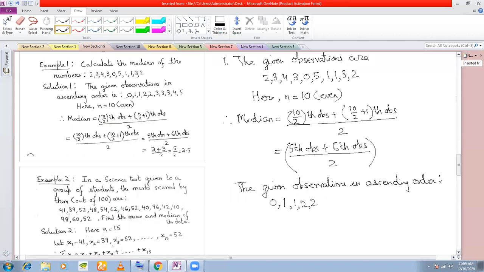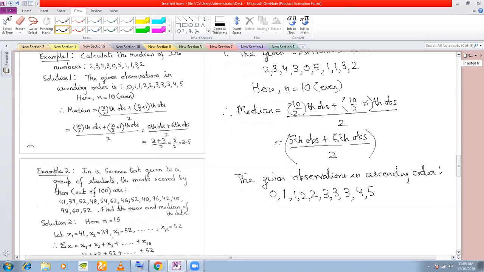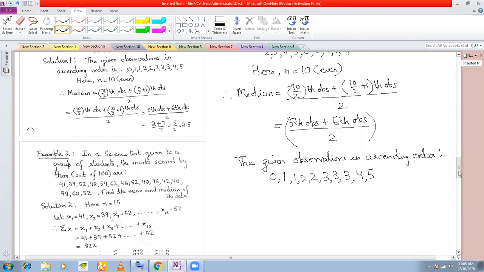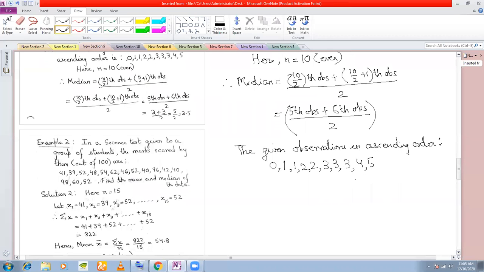See that I am writing the repeated observations. 2 is repeated twice in the observations, so I am writing it twice. 3 is repeated thrice, so I am writing it thrice. This is how you arrange in ascending order. Do I have 10 observations? Yes. So this is the observation in ascending order.